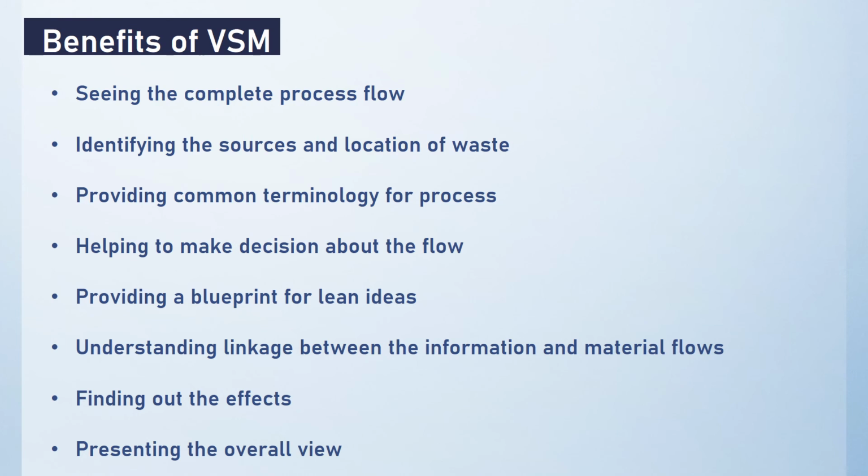The process flows can be defined, can be rearranged, and providing a blueprint for lean ideas. Lean ideas is a further step to eliminate the waste. So for that, this is the base blueprint. And understanding the linkage between the information and material flow, and finding out where all defects are more, so you can do further actions. And presenting the overall view to the management. So these are the benefits of value stream mapping.